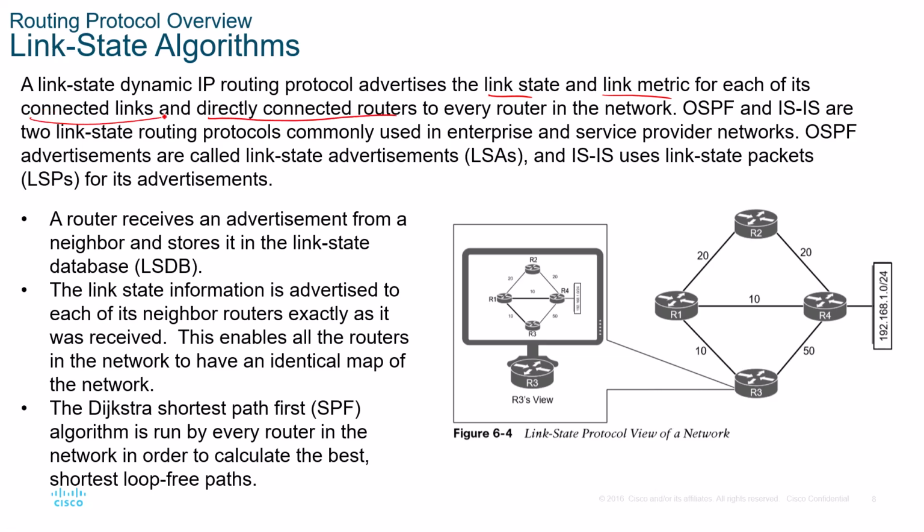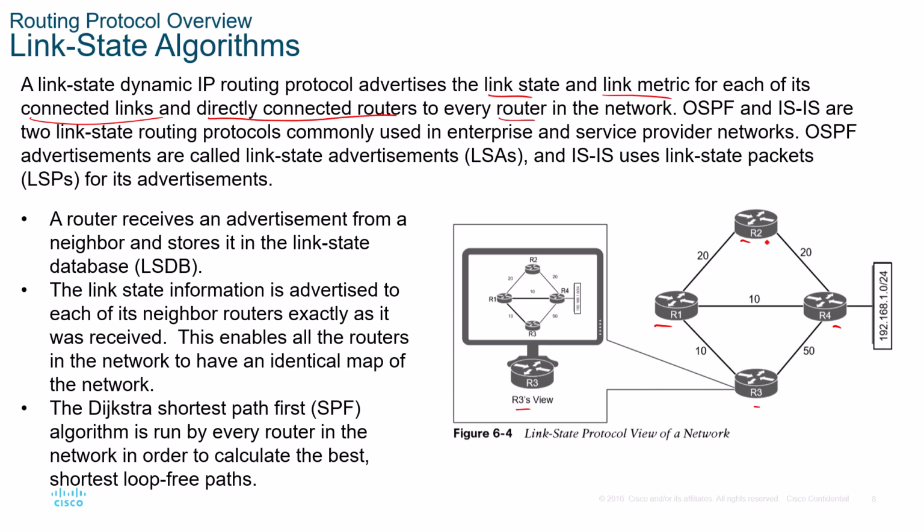So all links and directly connected routes for every router in the network. That's a big thing. Each router is going to have a complete map of what's going on. That's part of how link state functions.